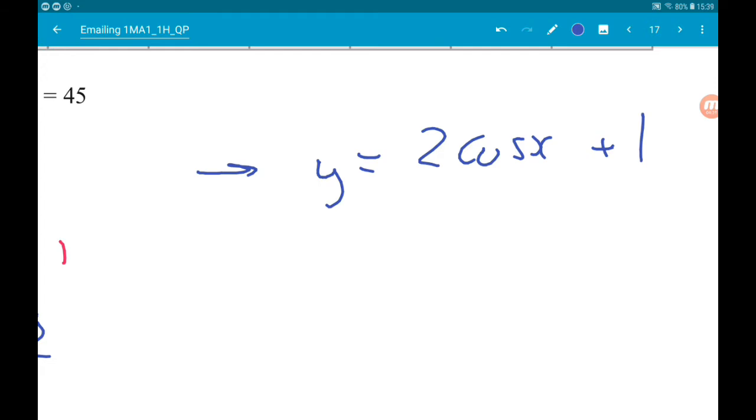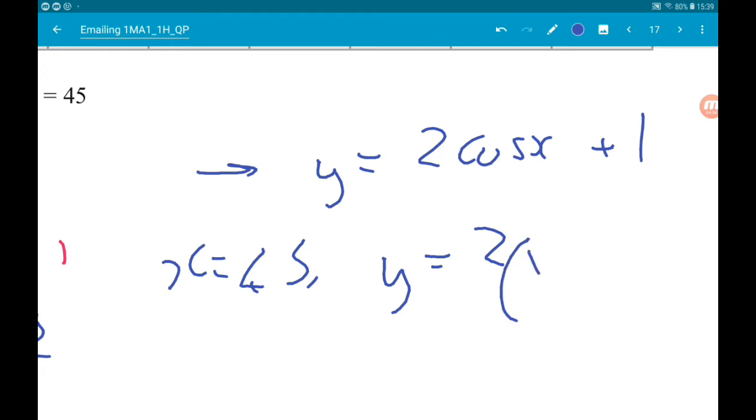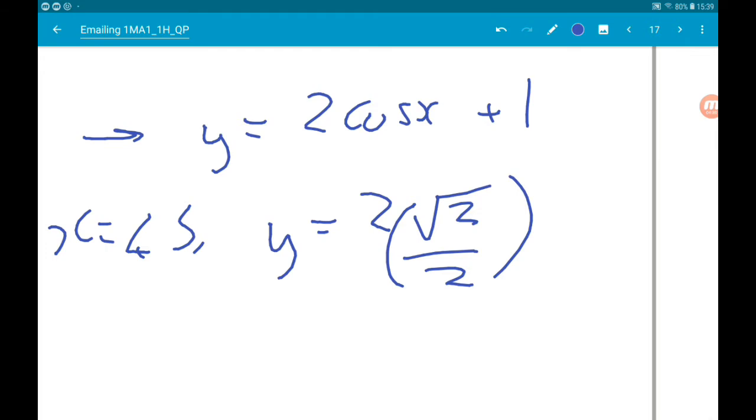So when x is 45, y is going to be 2 times root 2 over 2, add 1, which is 2 times root 2 over 2 is just root 2. So we get root 2 add 1. Cool.